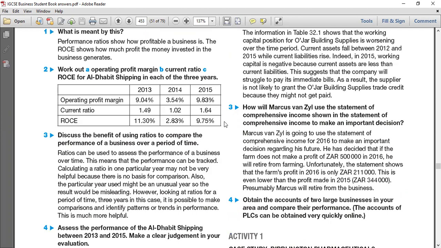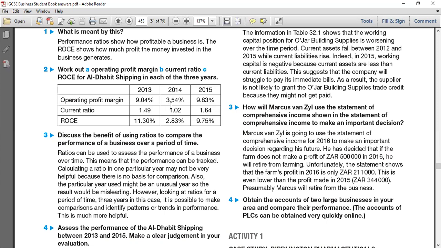So that's how much profit the business generates on capital employed. And these are the values, right? You can check for yourself, like operating profit. It's better to provide it in a table, operating profit margin. You can see clearly that in 2014 their values go down. 9% goes to 3%. And again, they recover to 9.8. Current ratio 1.49, slightly, is actually, 1.5 is the satisfactory level, so they are almost satisfactory.